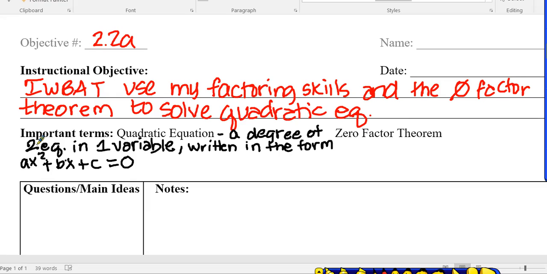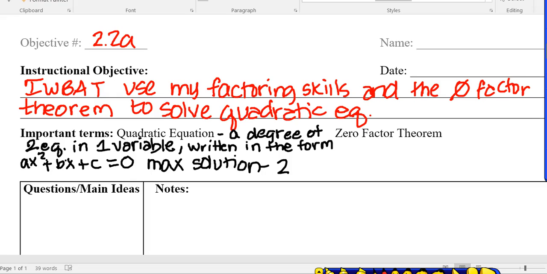You could also get 1. And quadratics always have solutions. They're either real or they're imaginary, but they all have solutions. It's not like a linear where you can get no solution. So let's just note right here, max solutions 2. And we're factoring, so we're not going to be finding any imaginary solutions today.